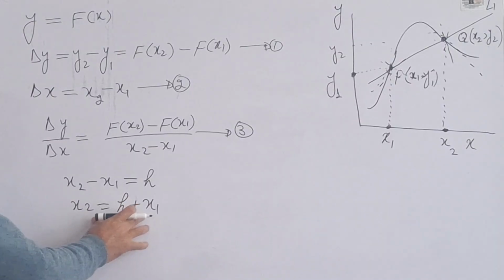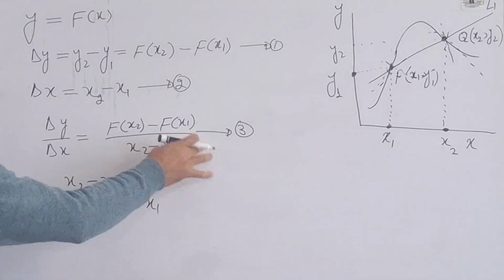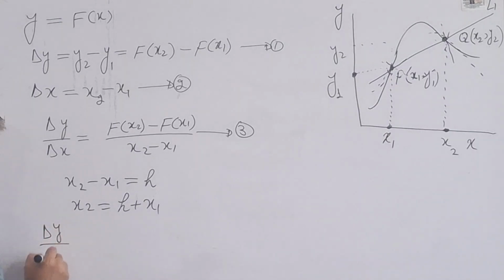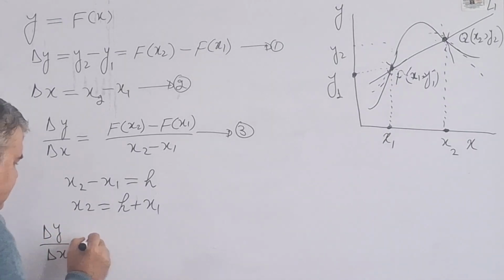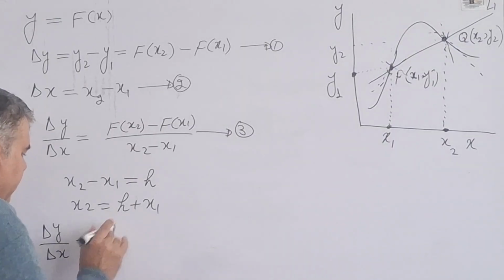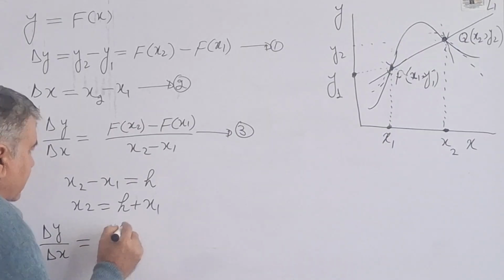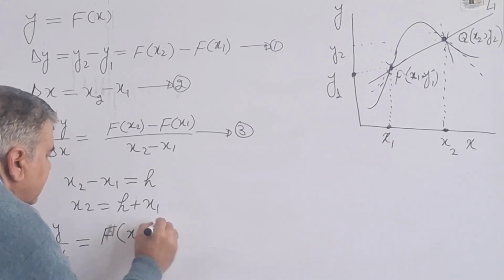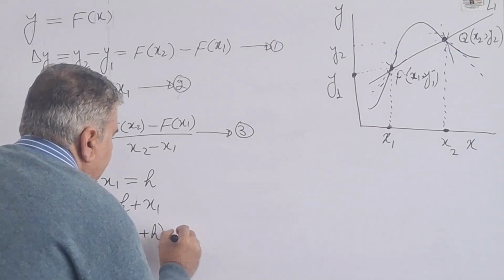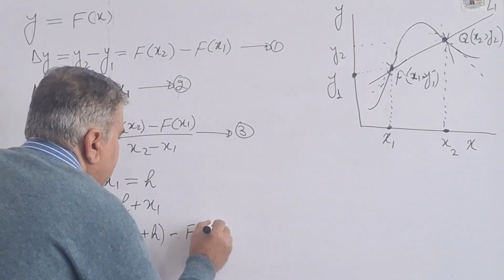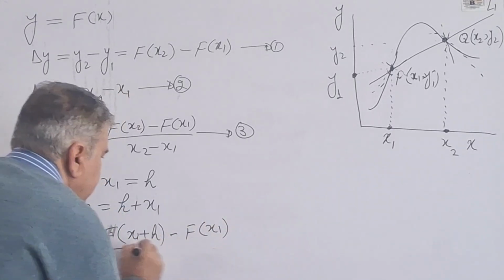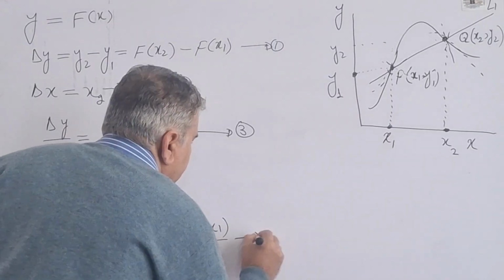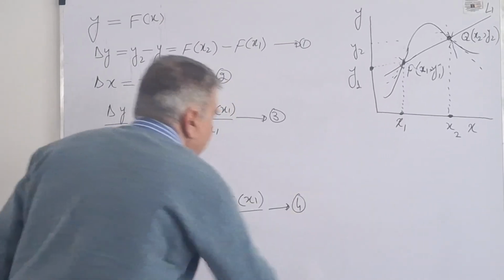So if I use this value of x2 in equation 3, I can rewrite equation 3 into the form delta y over delta x equals f of x1 plus h minus f of x1 divided by h, and I call this equation 4.